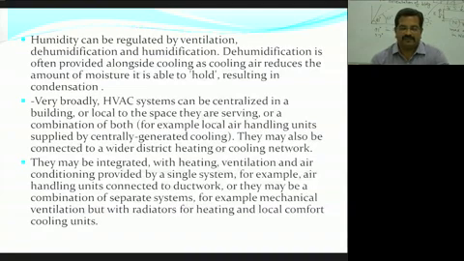They may be integrated, with heating, ventilation, and air conditioning provided by a single system, for example air handling units connected to ductwork, or they may be a combination of separate systems, for example mechanical ventilation, but with radiators for heating and local comfort cooling units.